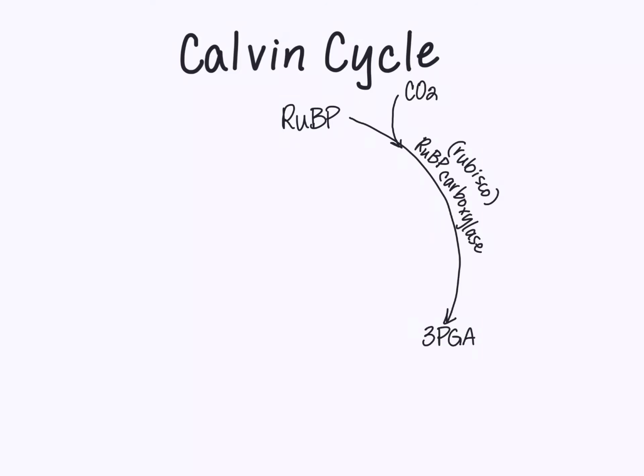The molecules of 3-PGA then get converted to molecules of G3P, and this requires an input of energy from ATP and an input of electrons from NADPH.